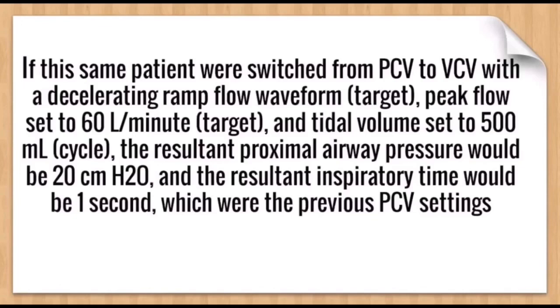So if there is no change in the respiratory system, like compliance and the resistance of the airway, switching from one mode to the other will not have any change.